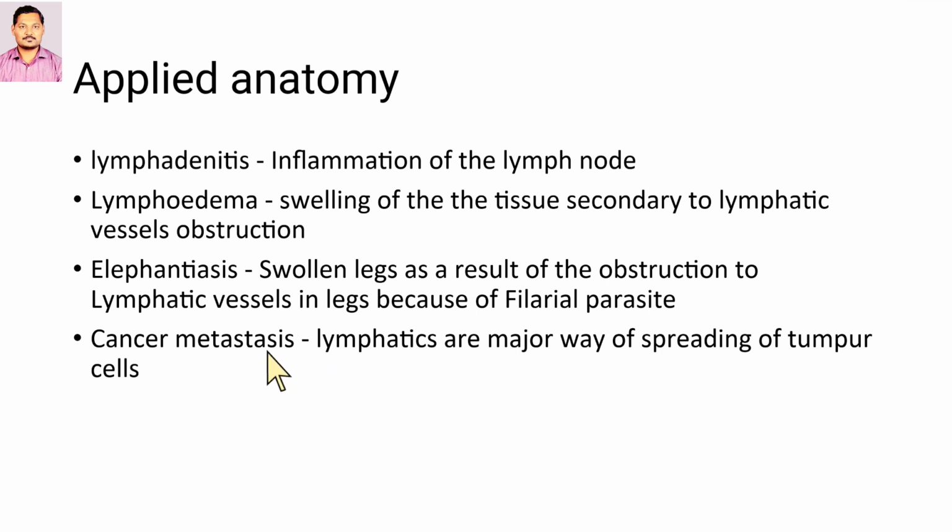And such cells can also be trapped in the lymph nodes, giving rise to lymphadenitis. And such lymph nodes which are firstly involved or most commonly involved in any kind of pathology, we call that group of lymph nodes the sentinel lymph node.